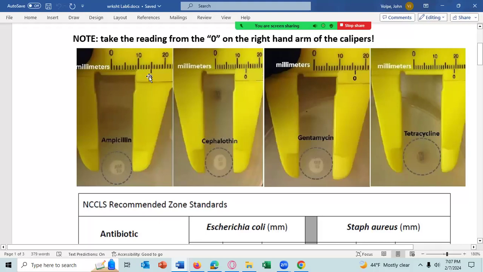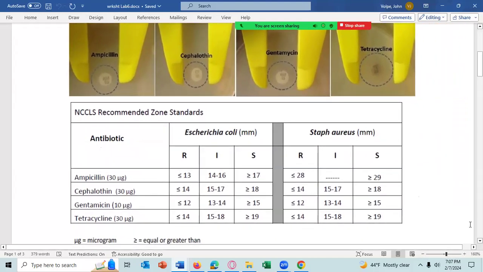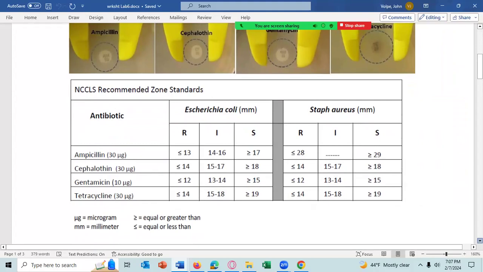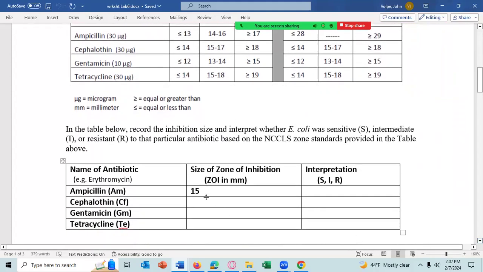It's a hair less than 15. It's more than 14.5. So I'm just going to say 15 for ampicillin. I'll do the first one for you. So the size of the zone of inhibition is 15.